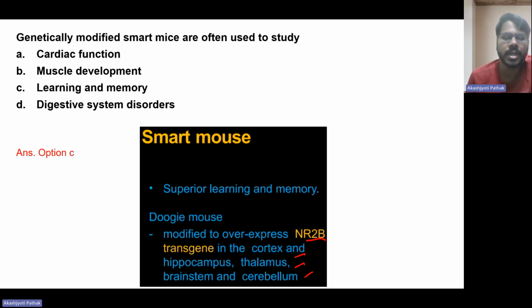Overexpression of NR2B helps these mice have superior learning and memory. These are very interesting topics, you can read about them on the internet, and you can gain interest in these areas.